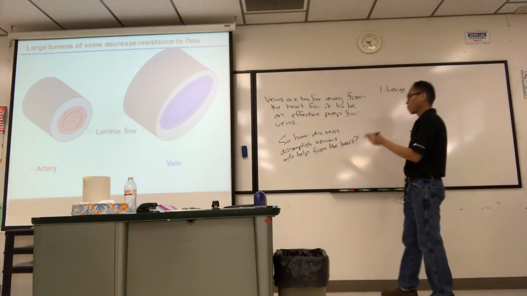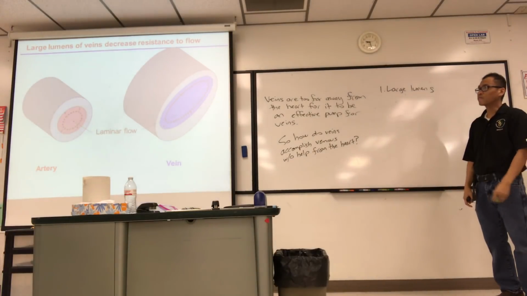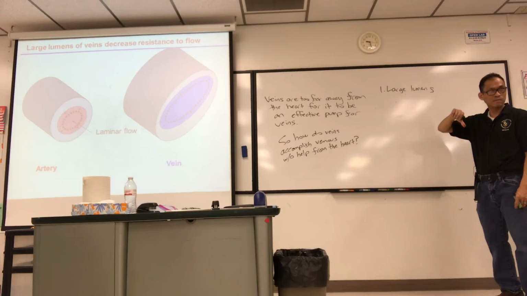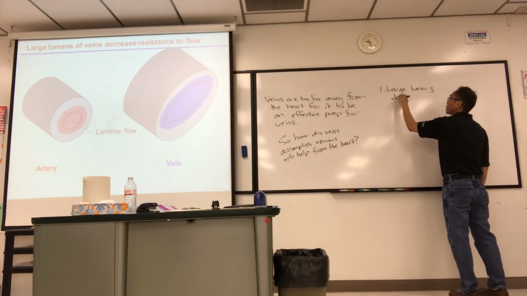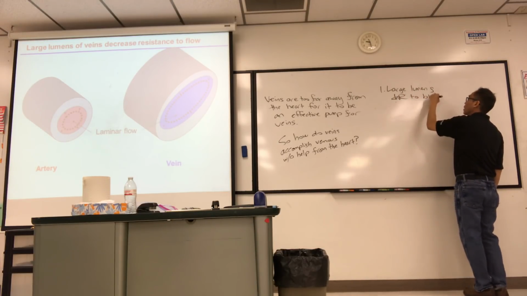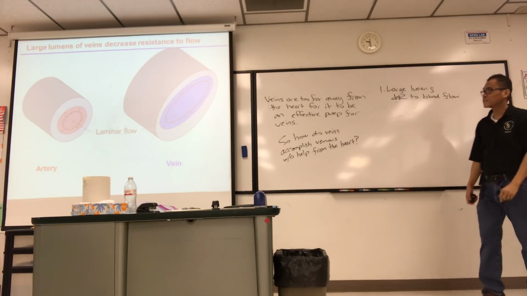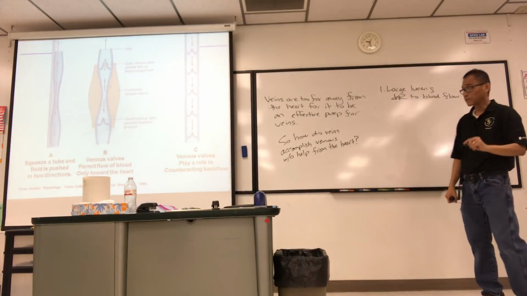I'll frame it in the form of a question, and here's the answer. 1, large lumens. What we learned is if you have large lumens, you have decreased resistance to blood flow. Okay, you have more laminar flow. That's one thing. The other thing are the venous valves I mentioned earlier.